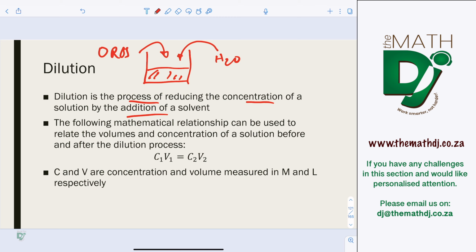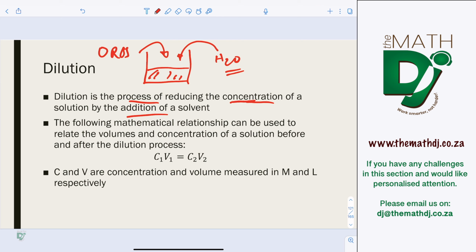So you are reducing the concentration of the Oros. At first, if you pour the Oros and take a sip, it will be too sweet. But when you add more water, you are diluting it, so you are reducing the concentration. So that's what we mean.